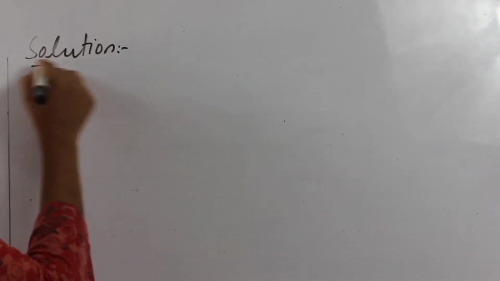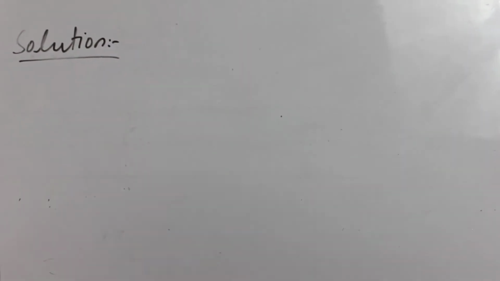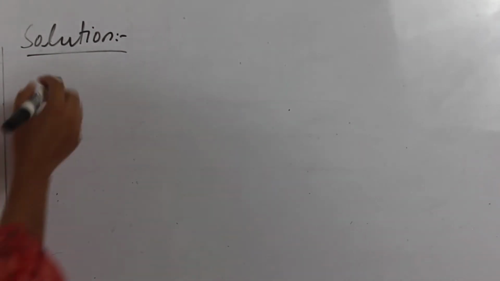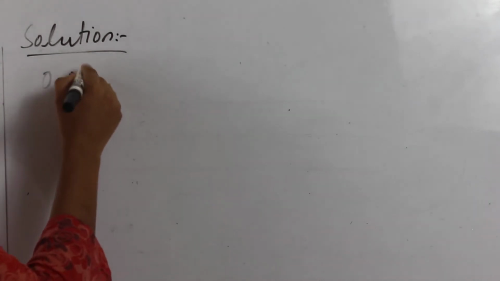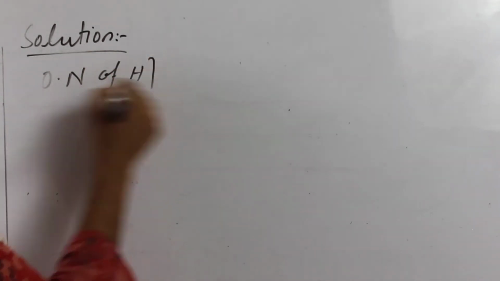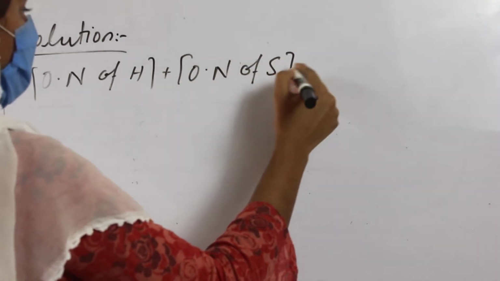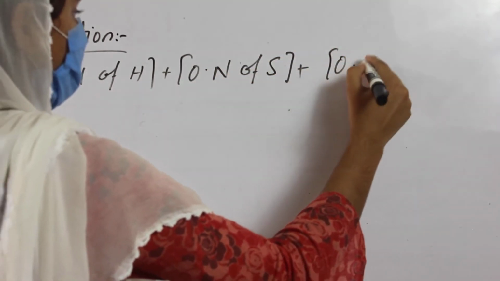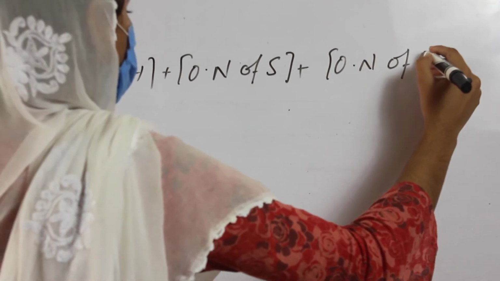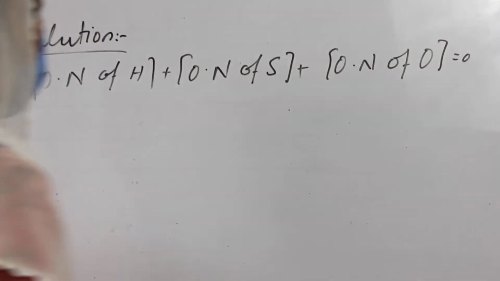again we use the formula of rule number 7, that is the sum of all the oxidation numbers of the compound is equal to 0 in a neutral compound. Oxidation number of hydrogen plus oxidation number of sulfur plus oxidation number of oxygen equals 0.